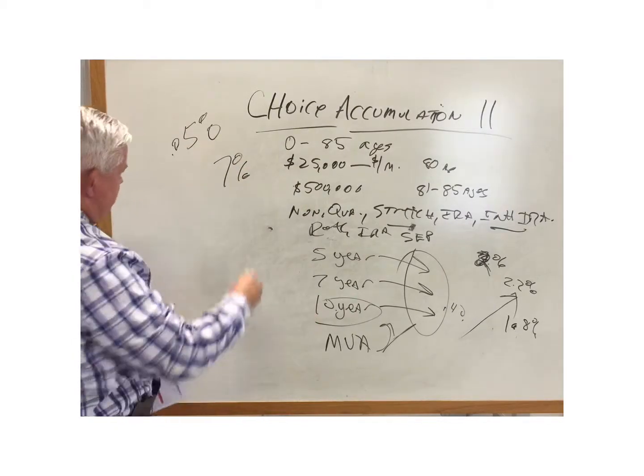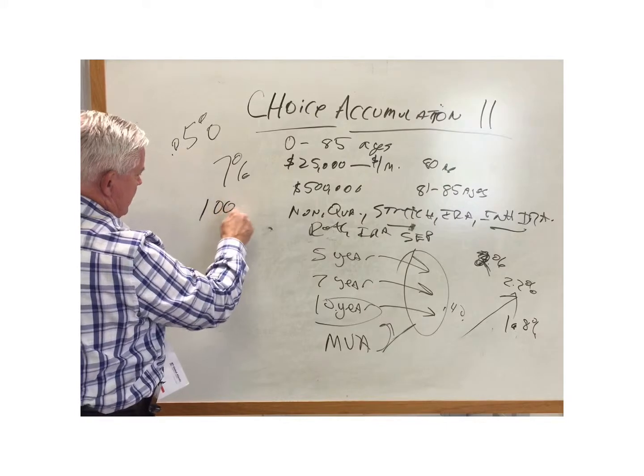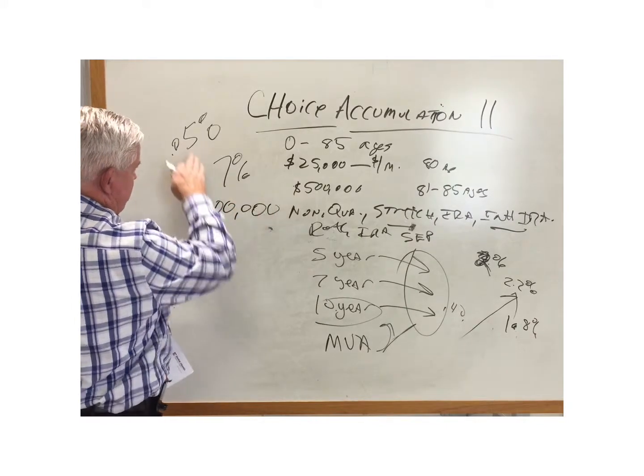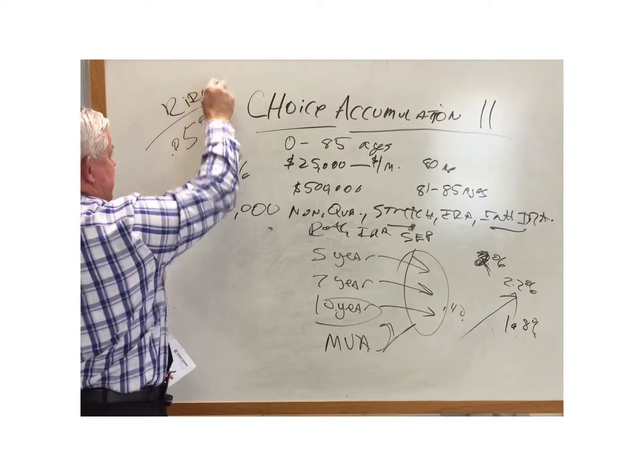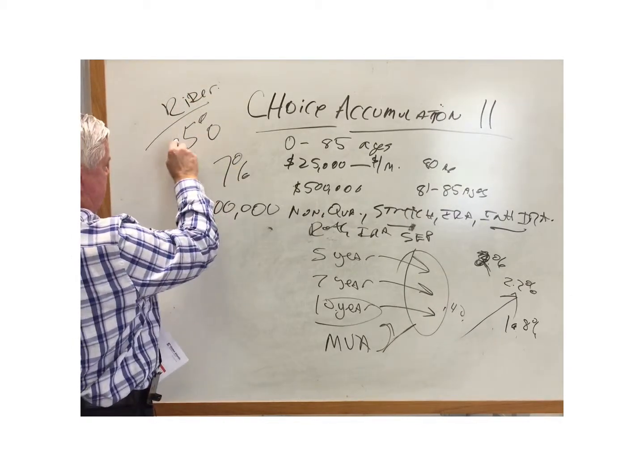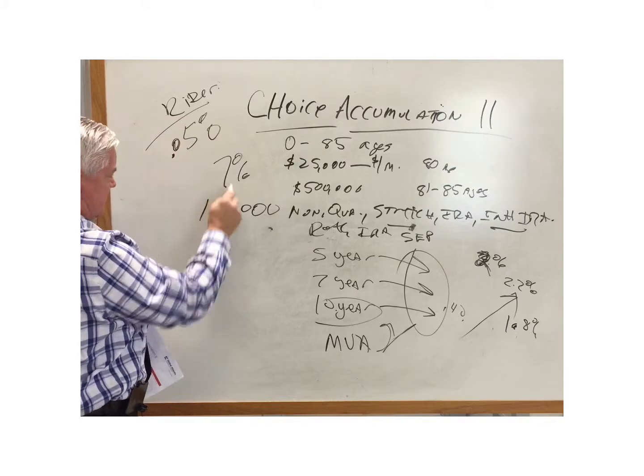Okay, so for instance, say you have $100,000 and you add the death benefit rider on there. They're going to charge 0.05% annually, but you're going to get 7% on the top.